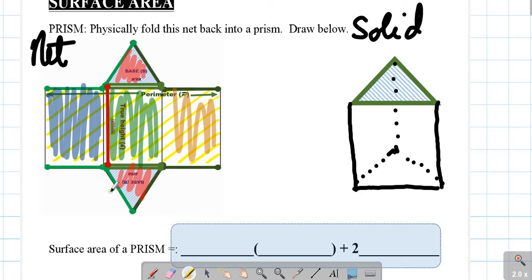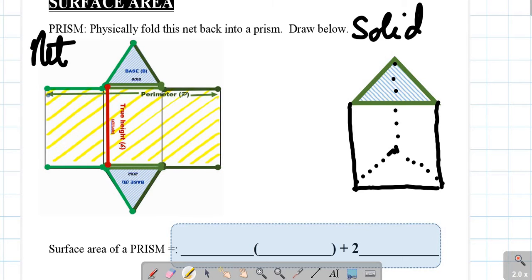And then you'd add it all together. That's one way to do it. That's called using a net. I'm going to give you an equation for a shortcut. Now, if this shortcut confuses you, forget it. Just unfold the shape and find each piece individually. Okay, we will do an example.